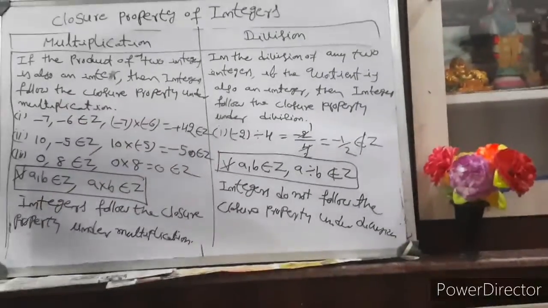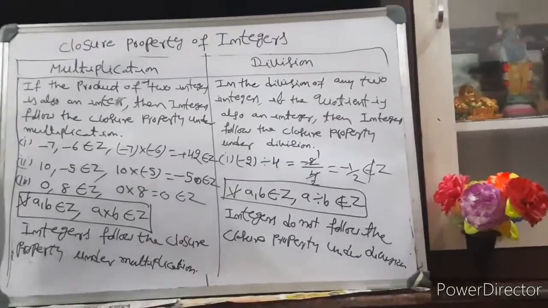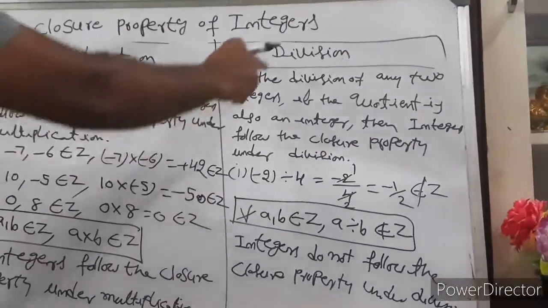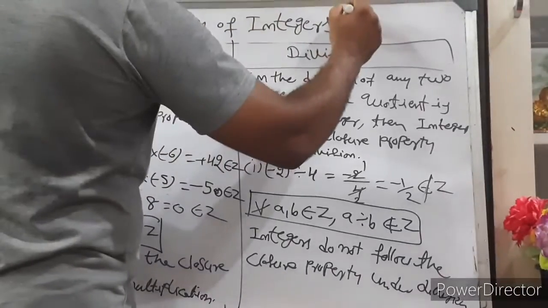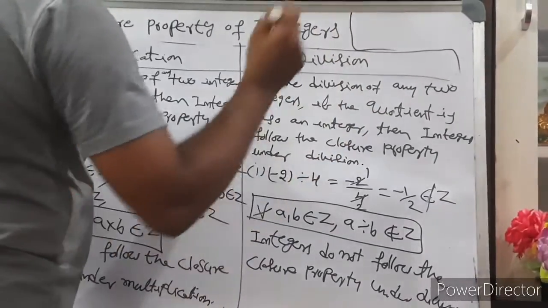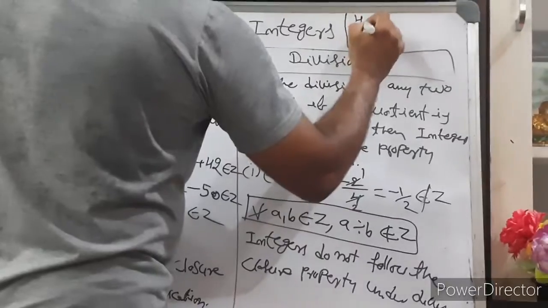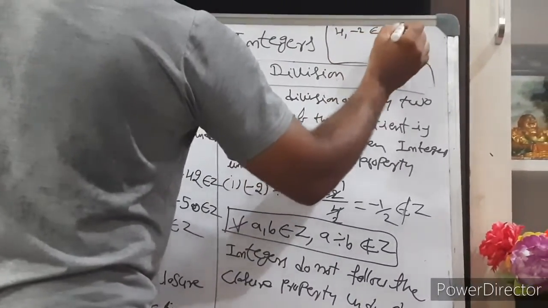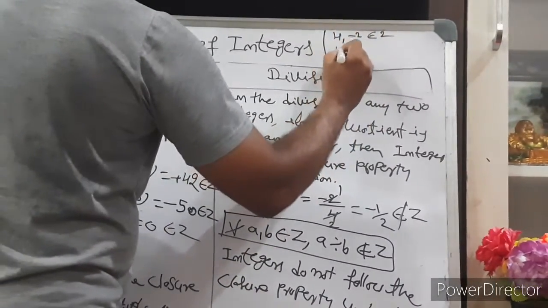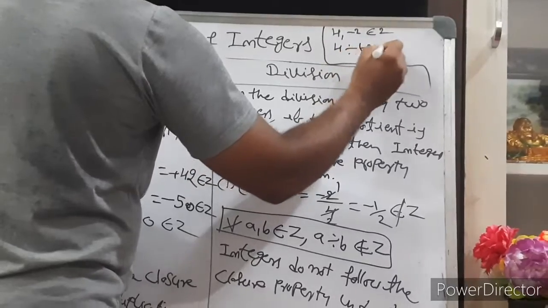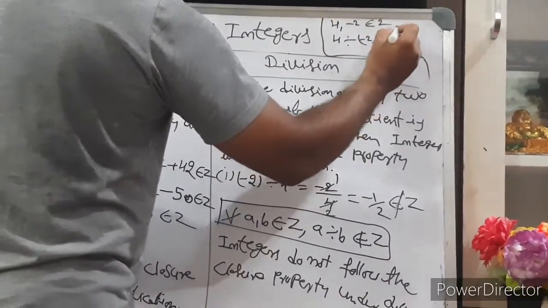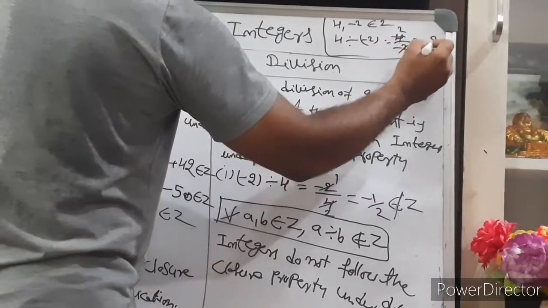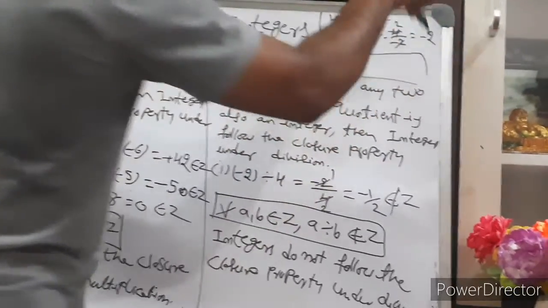Some students may have doubts in this property. Suppose 4 and minus 2 belong to Z, then what is 4 divided by minus 2? That is 4 by minus 2. 2 ones are 2, 2 twos are 4, equal to minus 2. Minus 2 is also an integer.